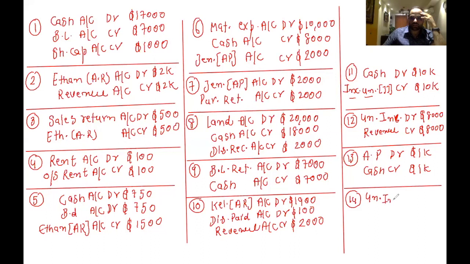Unearned income is debit and cash credit 2,000 and 2,000. So that's all. All the journal entries are finished. Any questions you have regarding these journal entries?